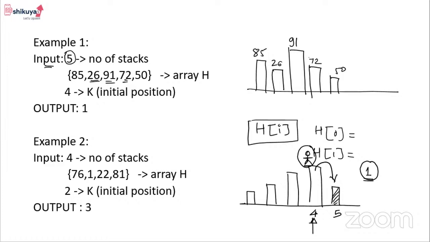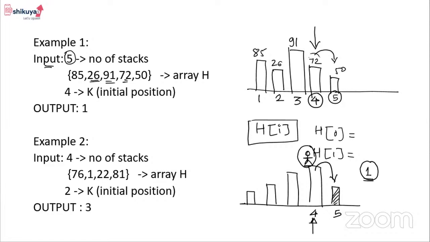And the initial position of Bob is stack number 4. So this is stack number 1, stack number 2, stack number 3, and stack number 4. So Bob is standing on stack number 4. This is his initial position. Now, can he jump? The condition is Bob can jump to the stack on his right, so he can jump to stack number 5. But the second condition is he should not jump onto a stack whose height is smaller than the current stack.